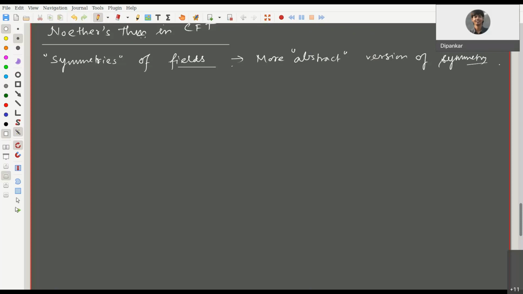Essentially, we are extracting our main inspiration from discrete mechanics, from the symmetries that we could visualize, touch, and feel. We are elevating our understanding of symmetry, or extending it, into a more abstract framework.